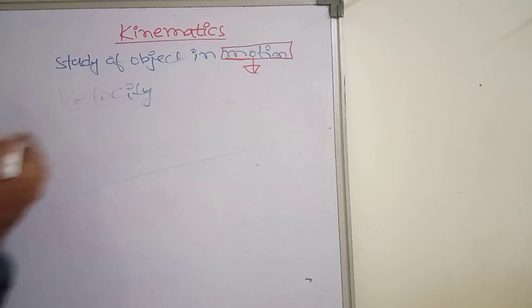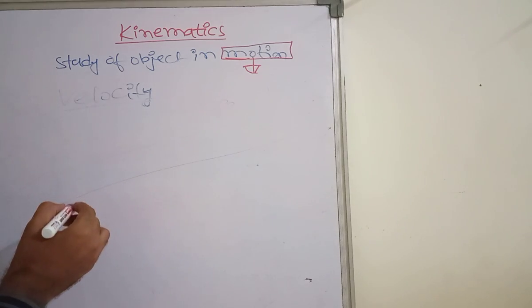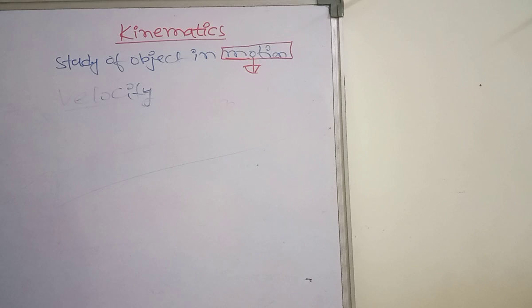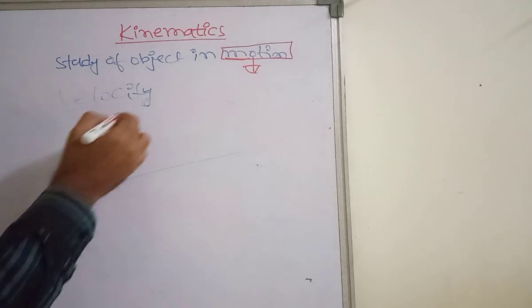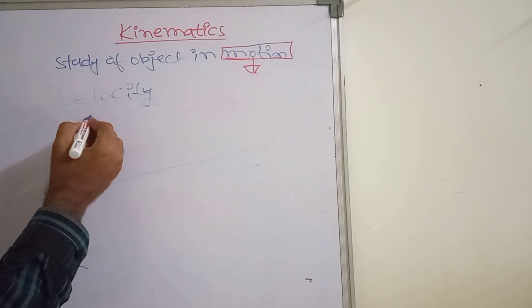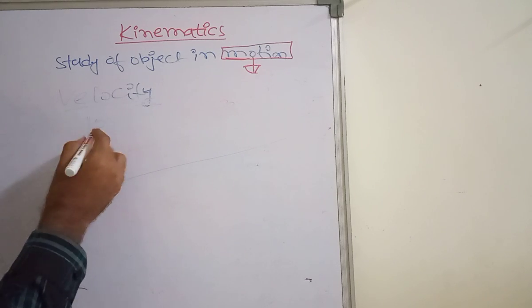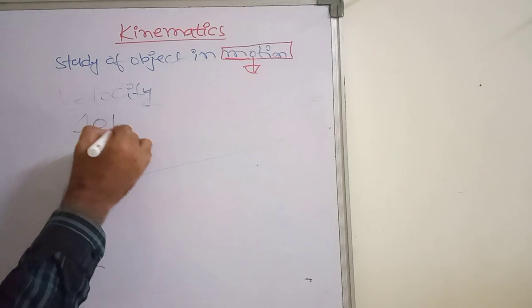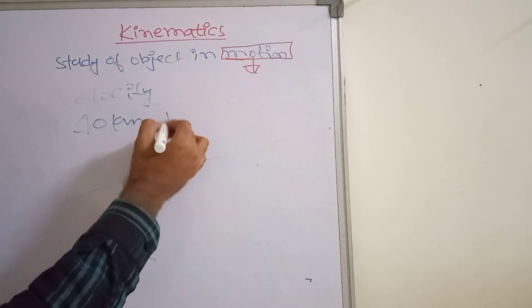Here we need to include the direction also. So it is speed with direction. Suppose a person is traveling 10 kilometers towards north. Here I am mentioning direction also.